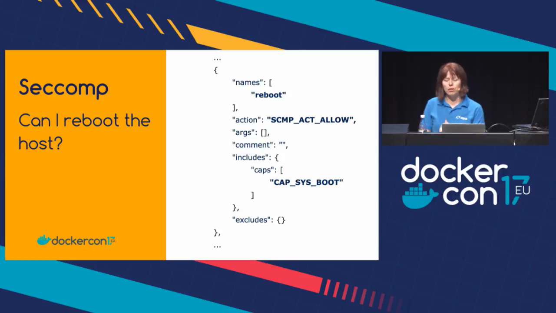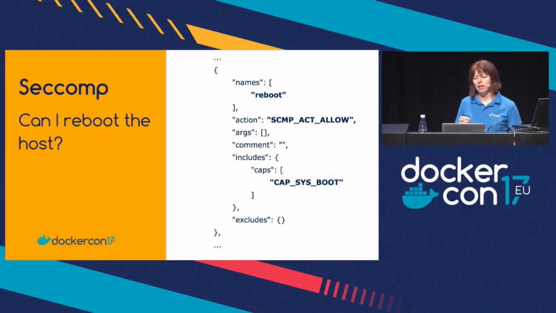And that default profile includes a lot of very sensible things, like, for example, you're not allowed to call the reboot system call unless you specifically pass in the capability flag CAP_SYS_BOOT saying, no, I really want to be able to do that. So I wanted to test this out.